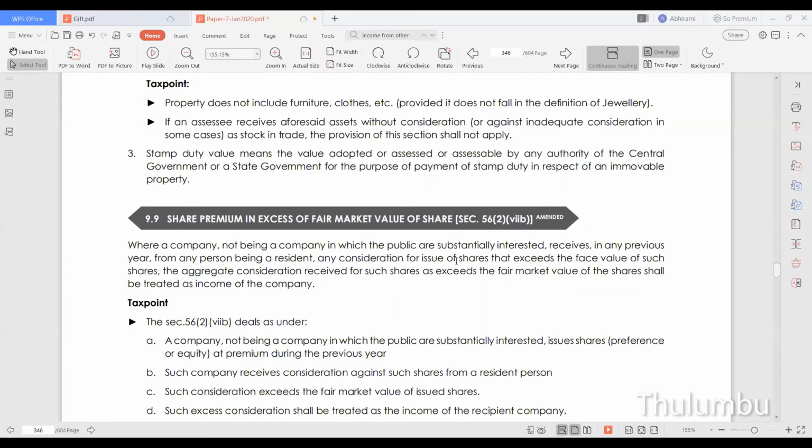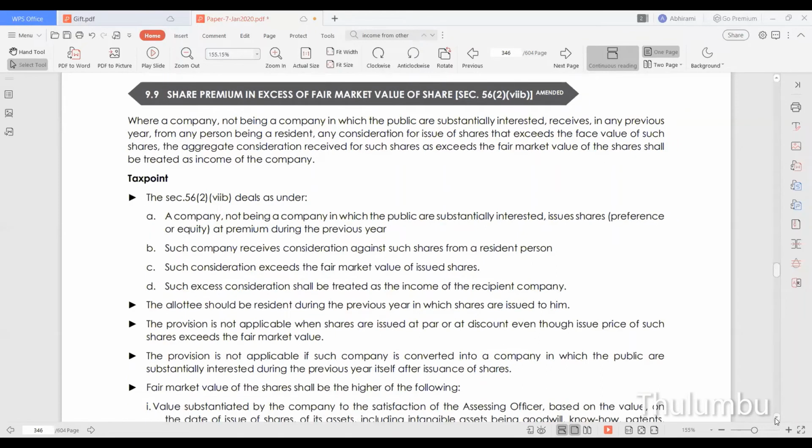So share premium in excess of fair market value. So இதுல you need to know certain items before proceeding. First one, check the fair market value. Second one, check the consideration.